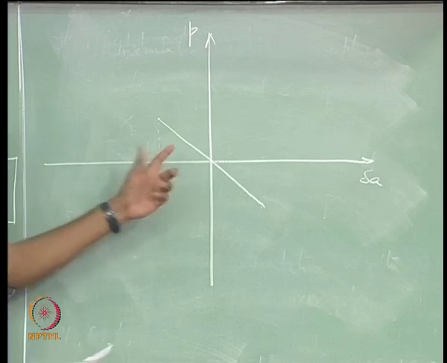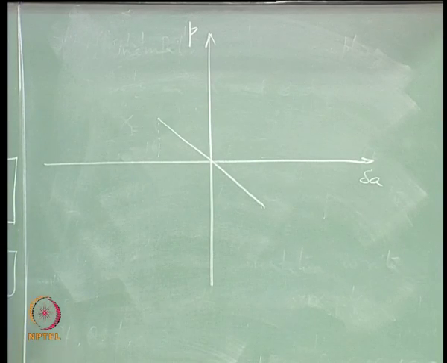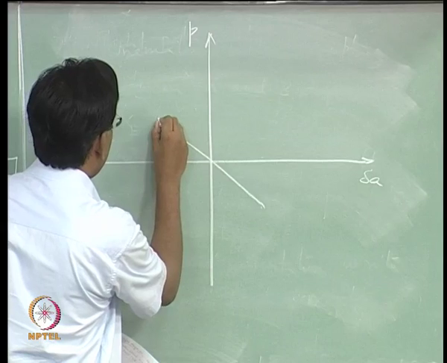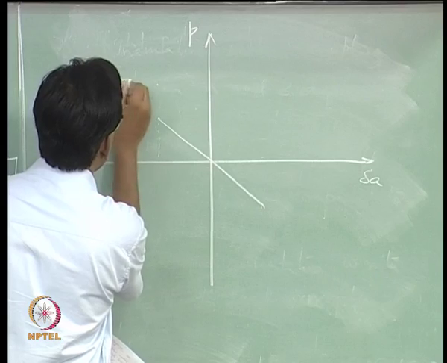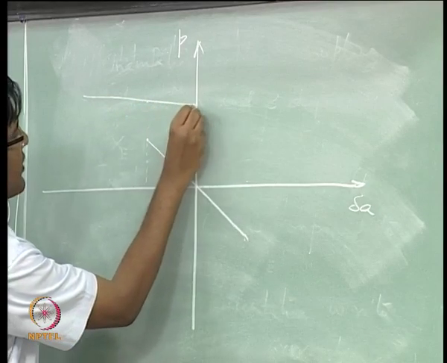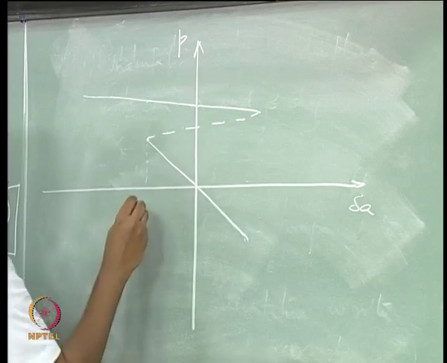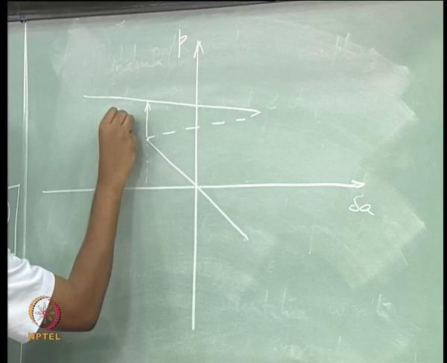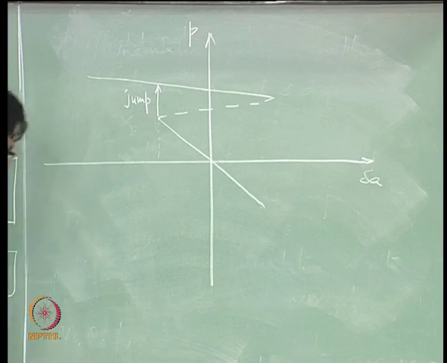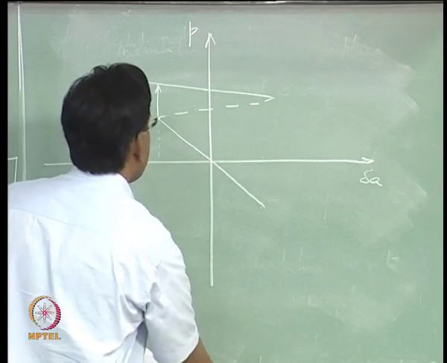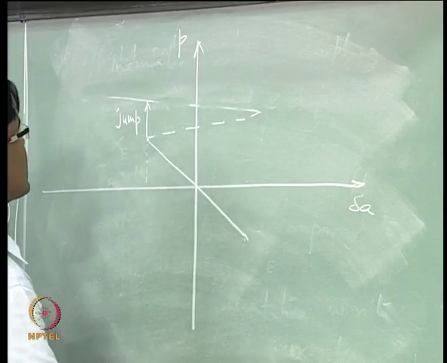You would expect this linear growth of roll rate when you are deflecting your aileron, but that does not happen, and what you see is a jump in roll rate. Okay, and this is almost flat. It's not going down, but it's almost flat.